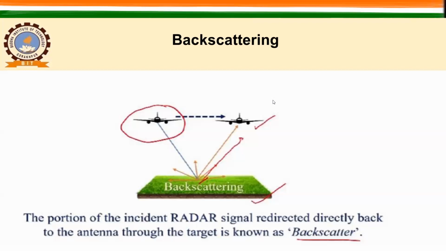So the back scattered value will be received by the object which are scattering this, or which is involved in the scattering phenomena, is known as back scatter, and the energy which has been received by your active microwave sensor, that energy is known as back scattered.